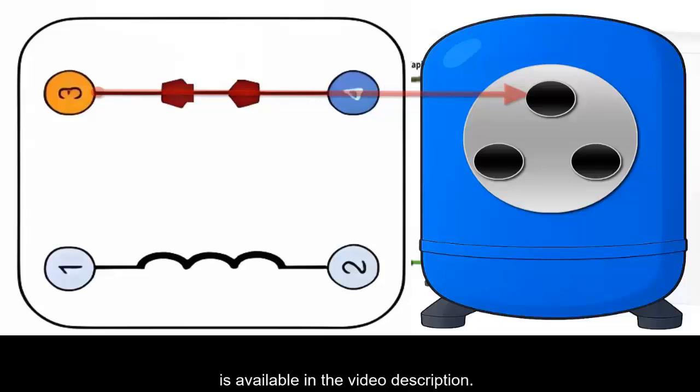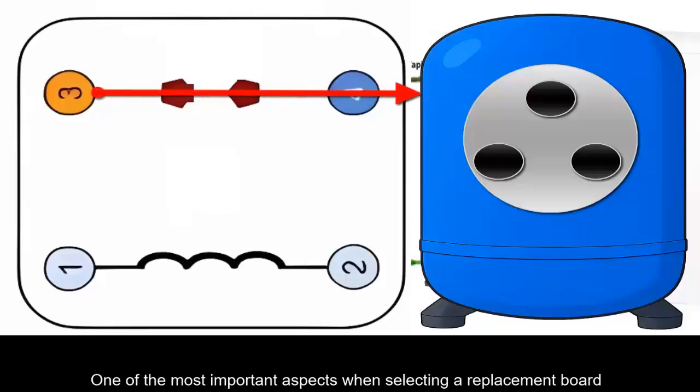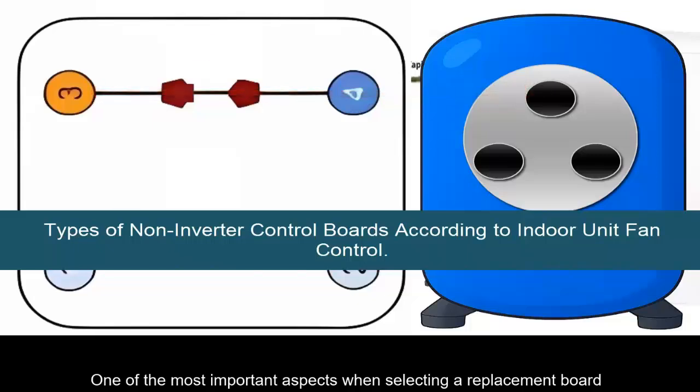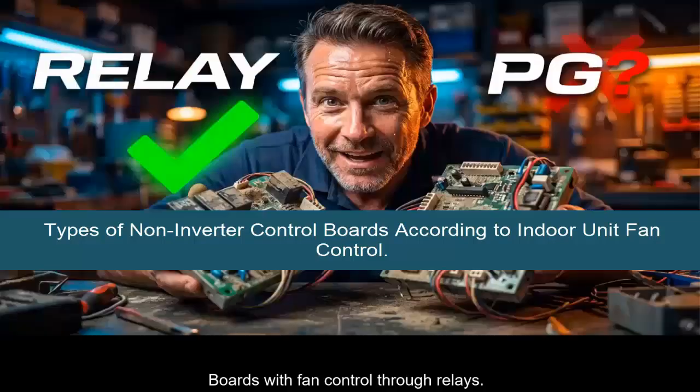Fan control system and the most important criterion for replacement. One of the most important aspects when selecting a replacement board is identifying the system used to control the indoor fan motor. Boards with fan control through relays.